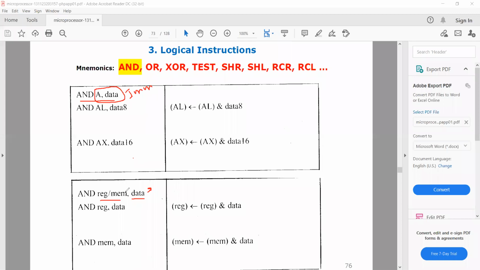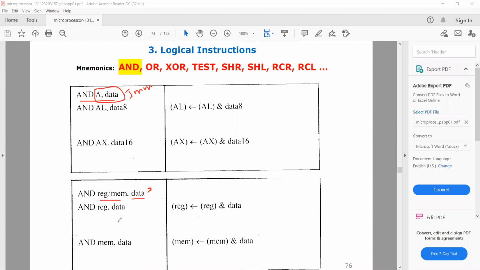So this is the importance of addressing mode here. Depending upon the type of operand that we specify in the instruction, we have different types of instructions.